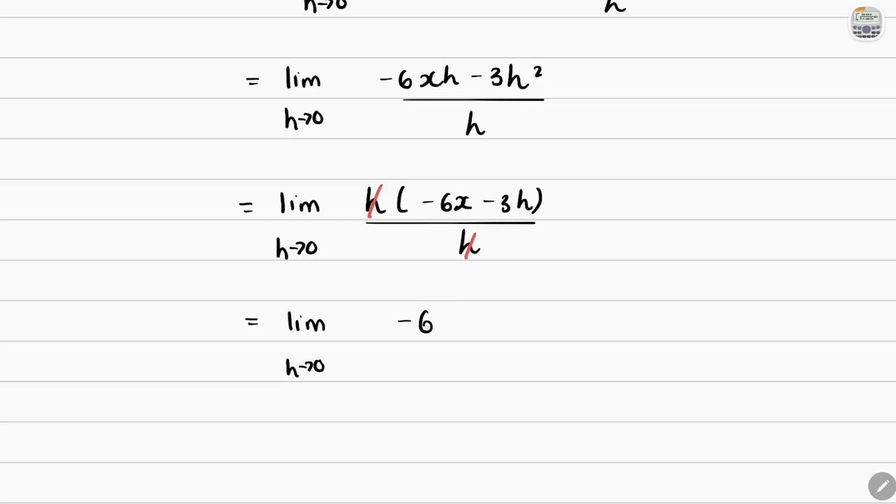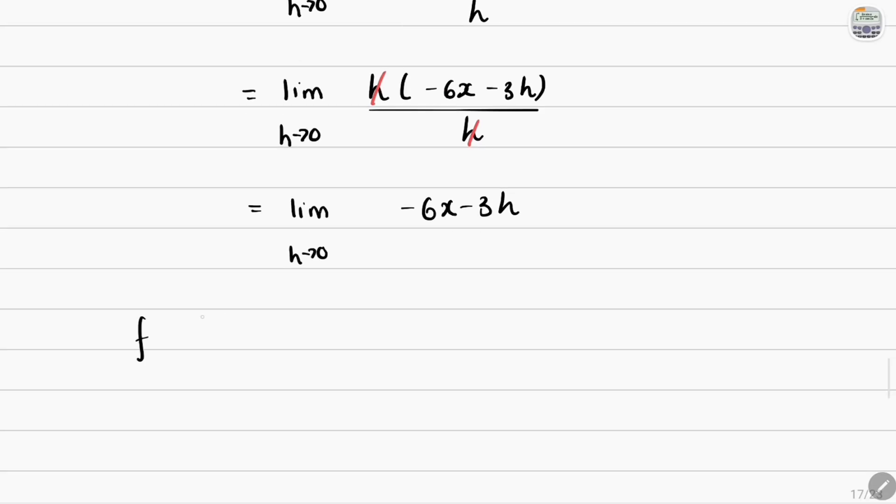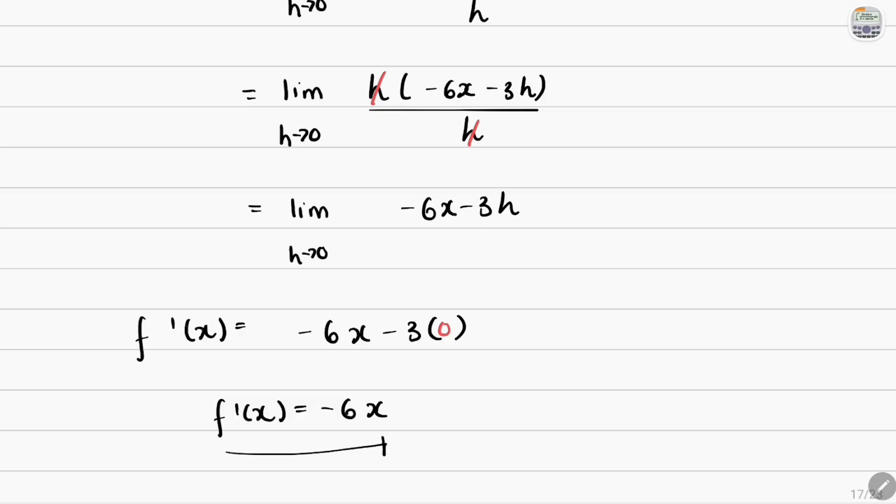Okay, so you can rewrite it one more time, like, okay, this is what I had before substitution, and then finally, f prime of x is equal to, and we have negative 6x, and in place of h, we substitute 0. And so this means that f prime of x is therefore equal to negative 6x.